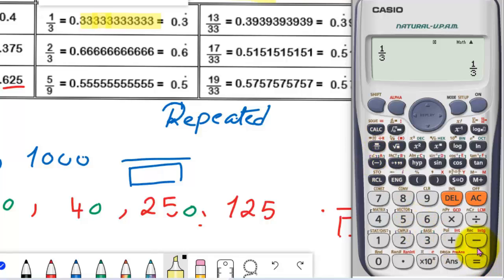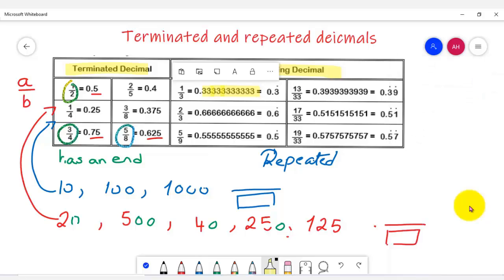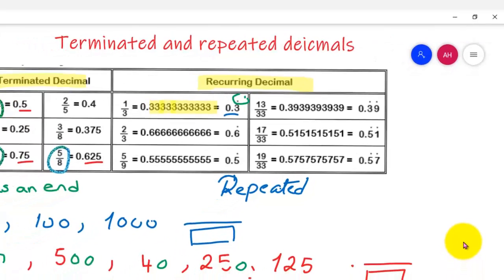Press equal and then convert it from a fraction to a decimal from this button. It's equal to 0.333, the 3 is repeated. How can I write this decimal? Easily, we put it in the notation 0.3 and then add a dot above the 3, meaning that the 3 is repeated.